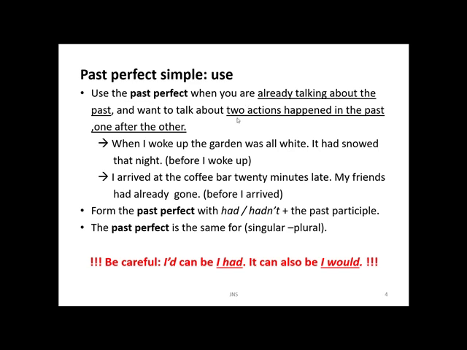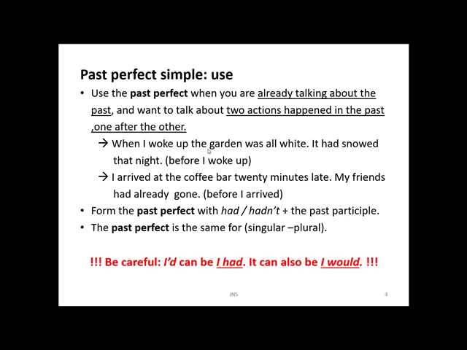We want to talk about two actions that happened in the past, one after the other. And by one after the other, I mean there is no interruption. They didn't happen at the same time. The two actions, we call them the first action and the second action.